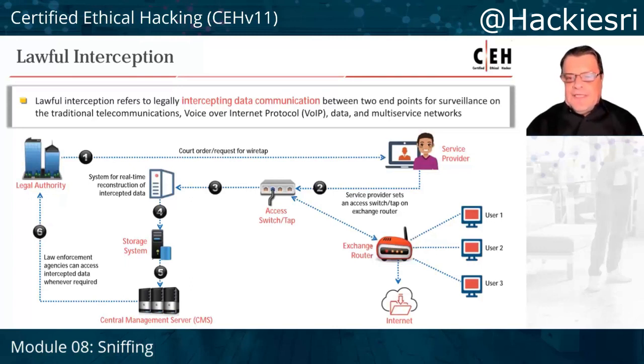The service provider sets an access switch tap on the exchange router as requested in the court order. Then a system for real-time reconstruction of intercepted data is commenced, and this is stored. Once this data is stored, the central management server is the recipient, and it is then transmitted to law enforcement agencies that can access intercepted data whenever required.